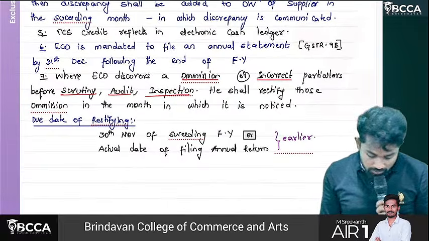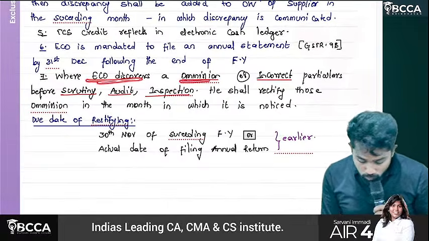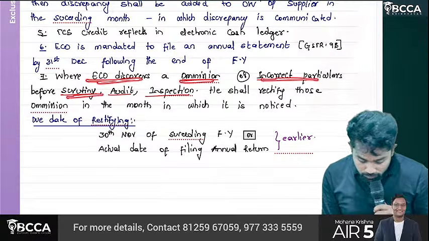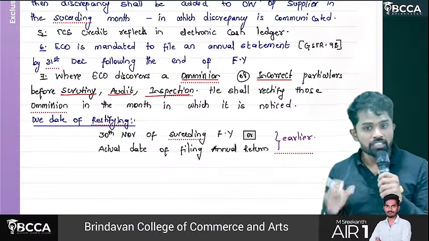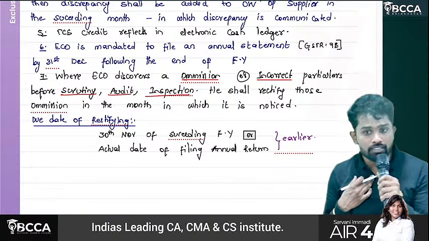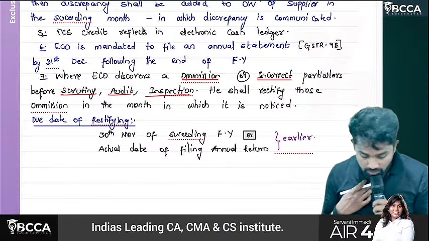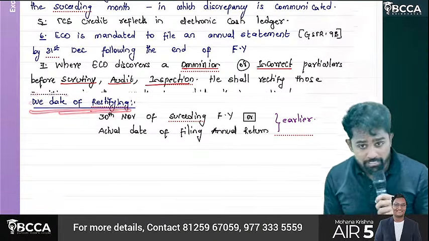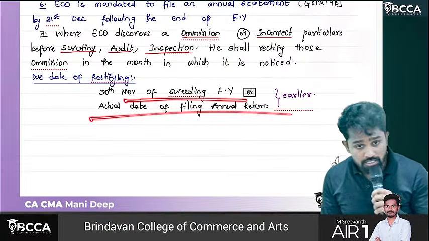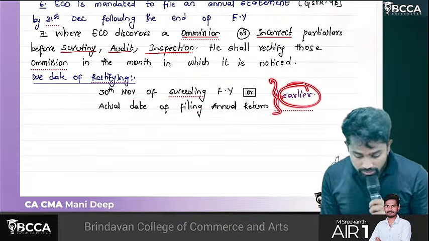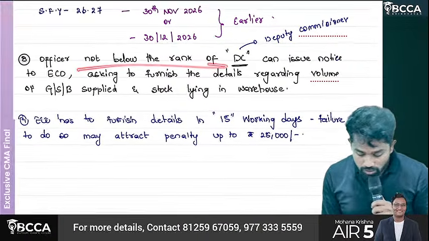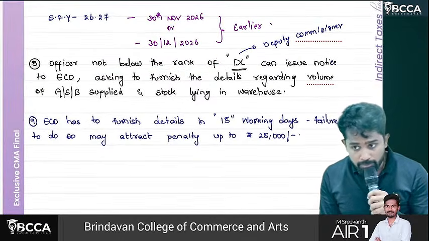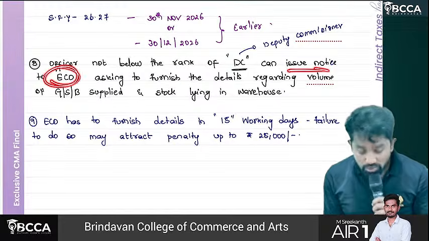Then where the ECO discovers any omission or incorrect particulars before scrutiny, audit or inspection, he can rectify it by 30th November of the succeeding financial year or the actual date of filing the annual return, whichever is earlier.